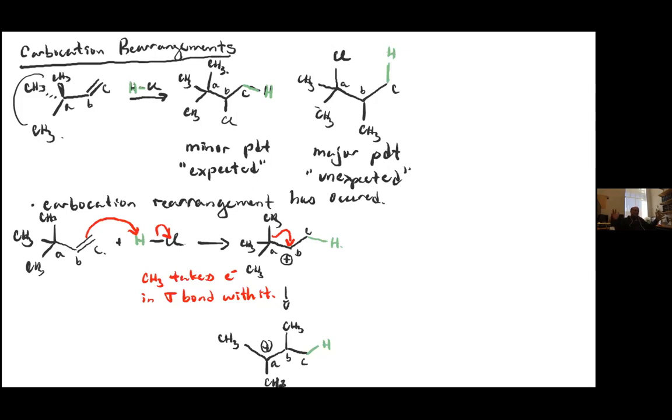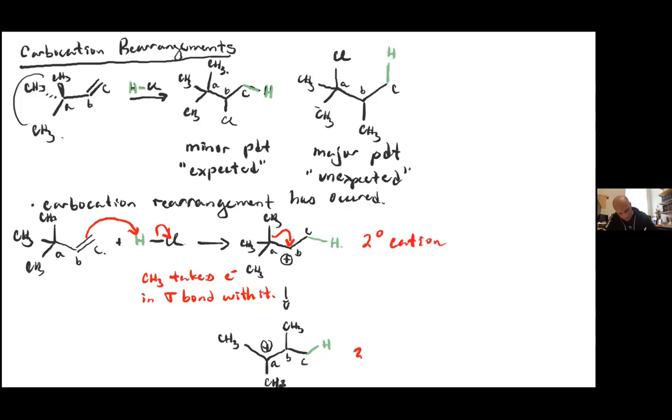And again, this may strike you as unusual, and it should, because we don't just move bonds around molecules. We wish we could, but because the carbocation is so high in energy, there is not a significant barrier to this process. And if we ignore the specifics of the molecule and just consider the relative stability of these two cations, this is a secondary cation.